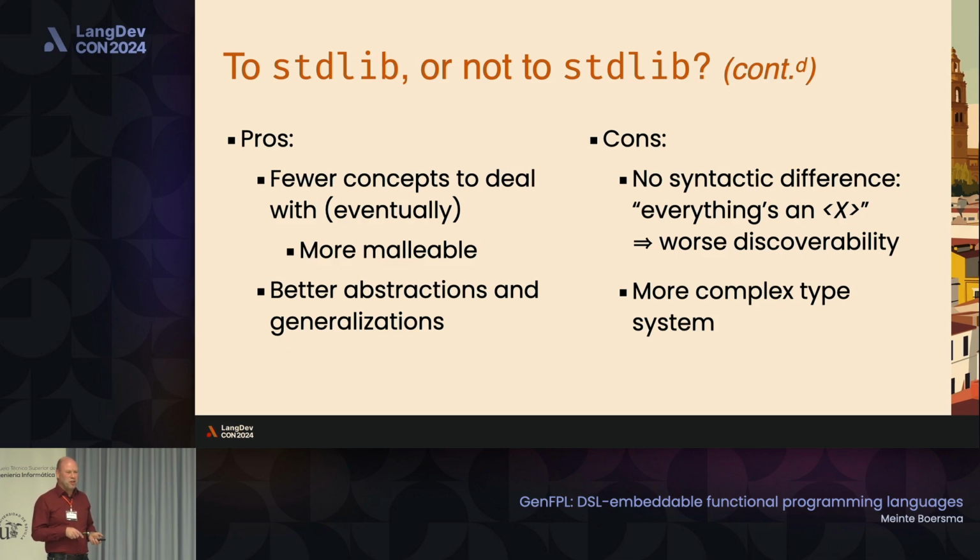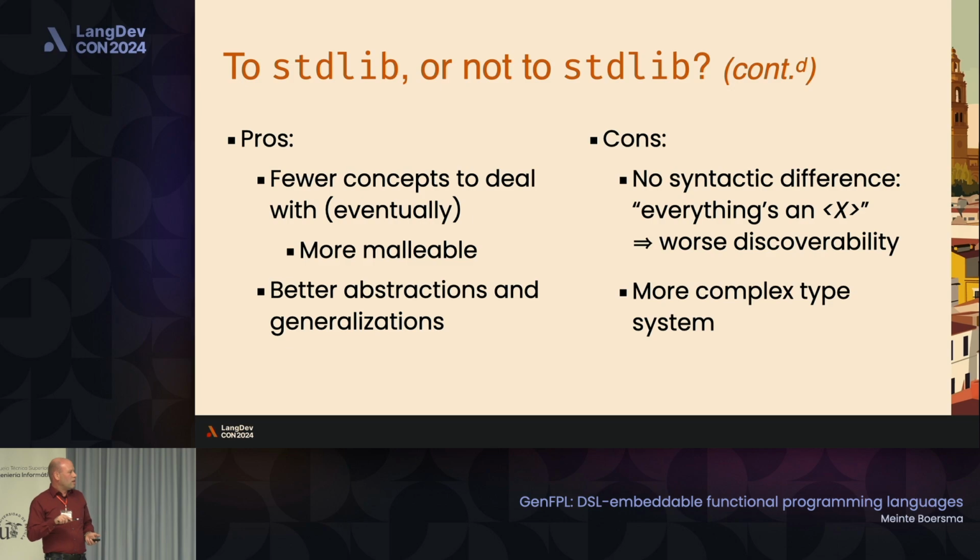It's just a function somewhere or a method on a class living somewhere. So there's no syntactic difference. The discoverability is, I think, also worse because you just have to find this thing and you can't distinguish them on syntax. So that's not necessarily a better experience for the user of the language, which again for a developer might not be so much a problem, but for an actual DSL user, a non-developer, that would be a problem.